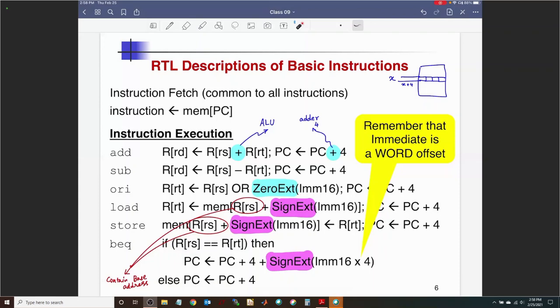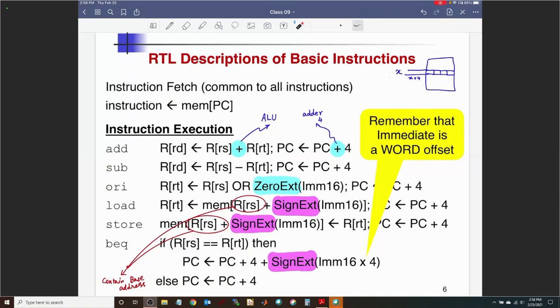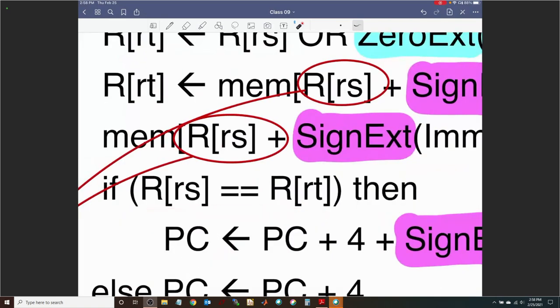Now let me talk about this condition here. How are you going to do this comparison in terms of hardware? How can you execute this condition, RS equal to RT? What component are you going to need? Be as specific as you can be. Logical comparator does it for you? Yes, absolutely. But can I use something else to do it?